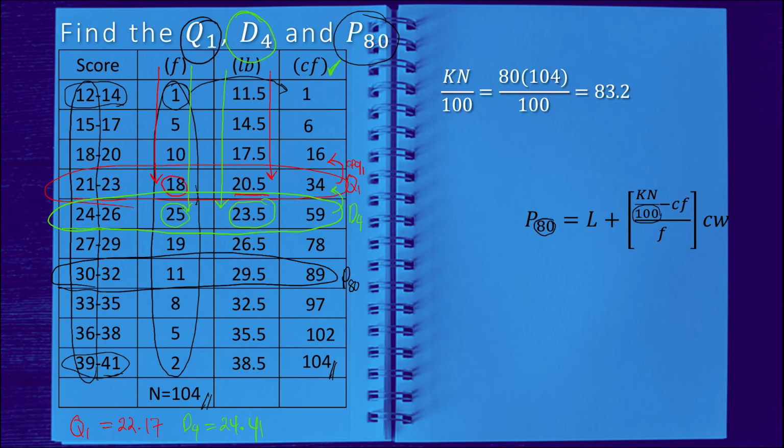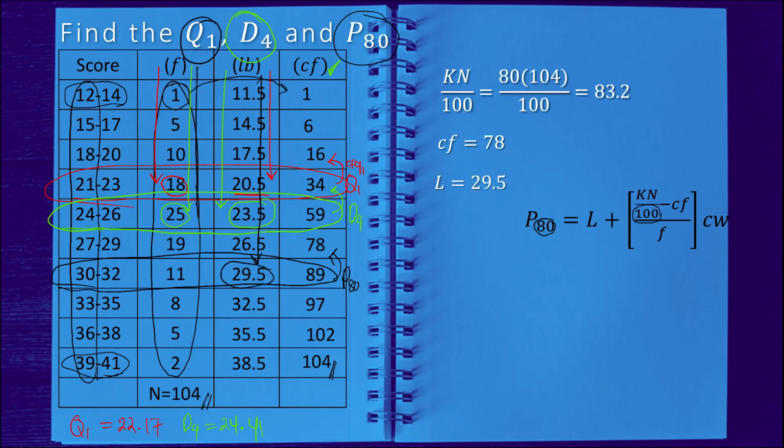Next, after po nun, i-locate na natin or identify na natin lahat ng variable na meron tayo. The CF, that is the cumulative frequency before, that is 78. And then, the lower boundary, that is 29.5.